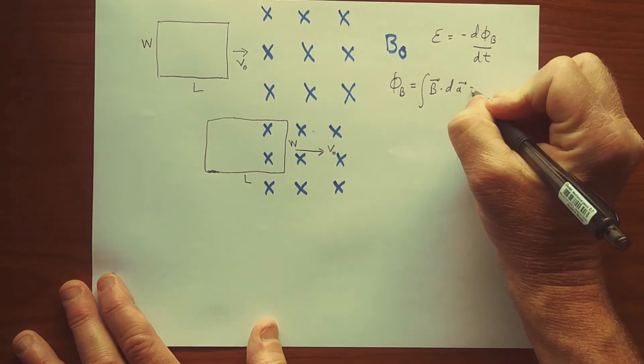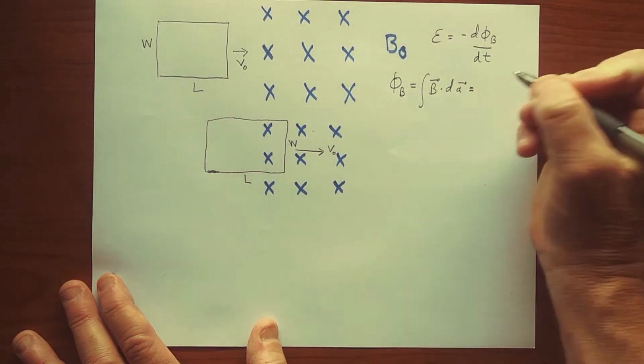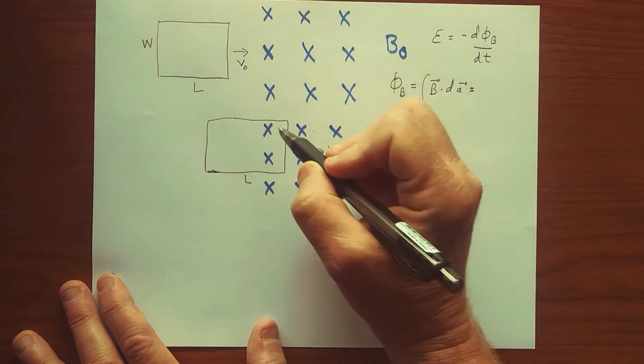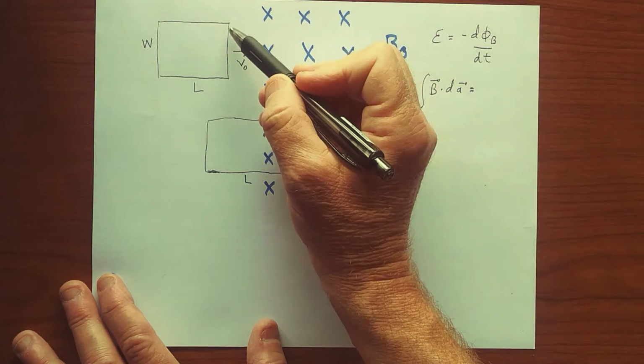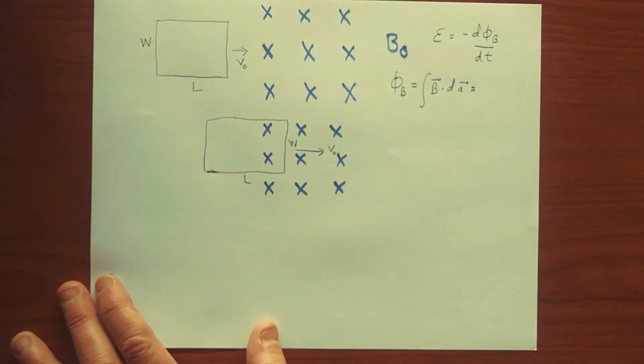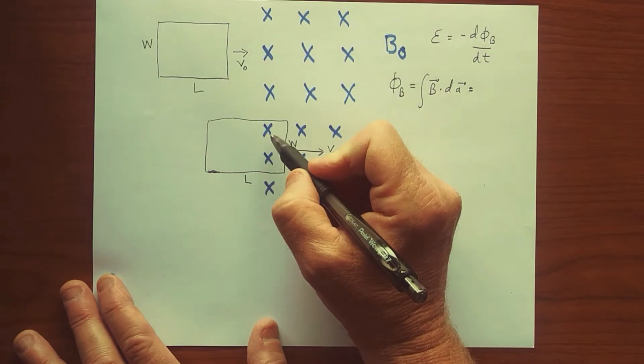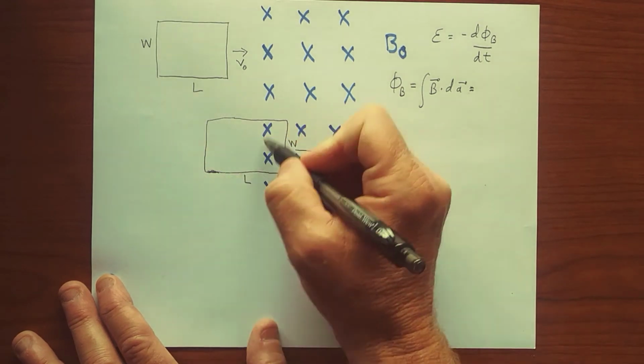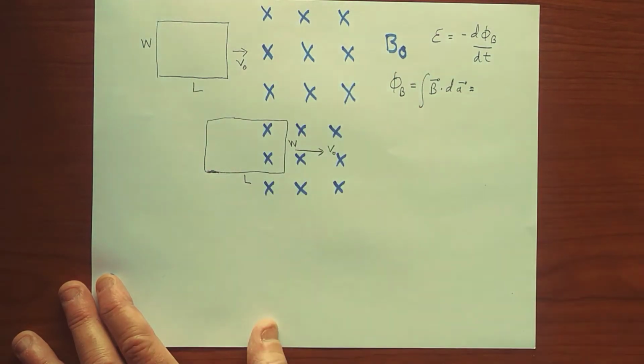And so when we do this calculation, what's changing is this area here, right? The area is increasing. First, there's no area that has any flux, and then that area starts to increase, and the most that it can be is W times L when the entire rectangular loop is inside the field.